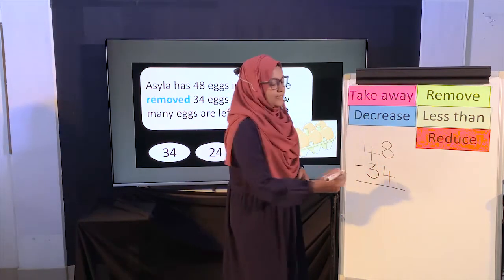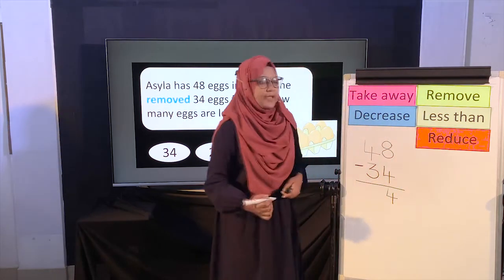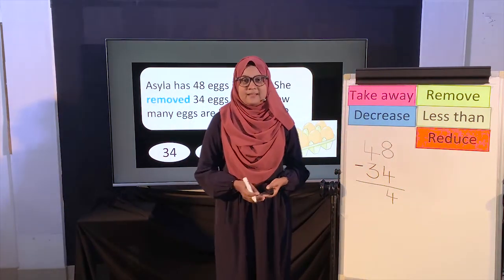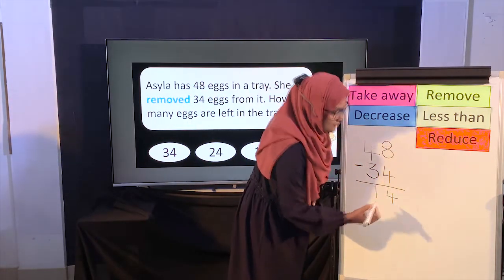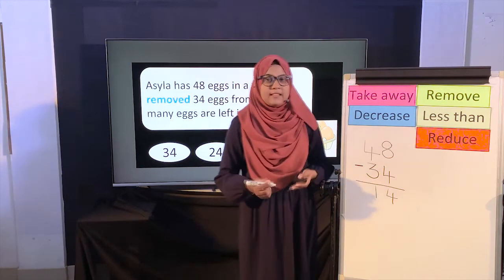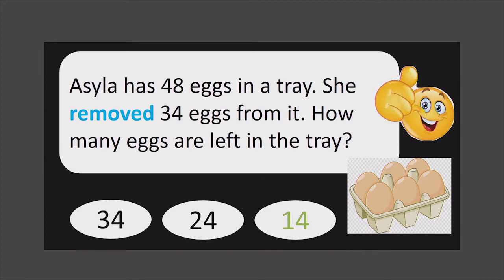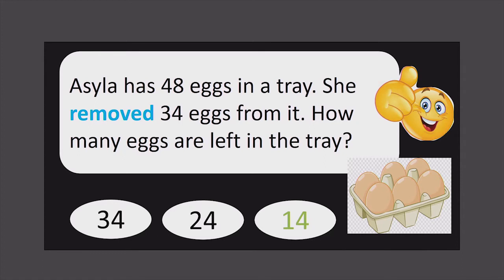Simple, right? It is 4. Then we have 4 minus 3. I think you all will know the answer. Yes, it is 1. How many eggs were left with her? It is 14. So if 14 was your answer, it is correct. Good thinking.